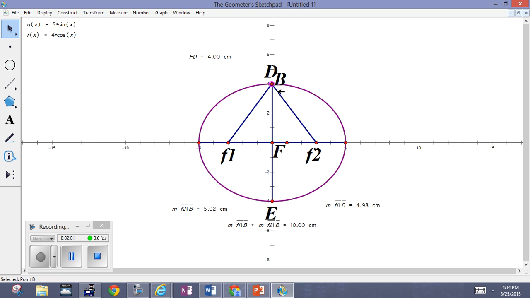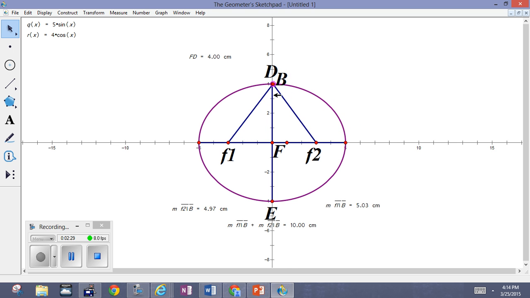Well, in this position, it is exactly equal to the A value. Remember, the sum of these two lengths, BF1 and BF2, will always be 10, will always be equal to 2a, generally speaking.